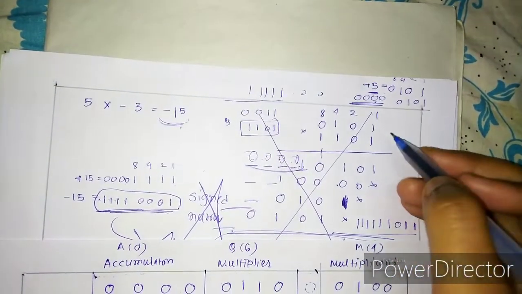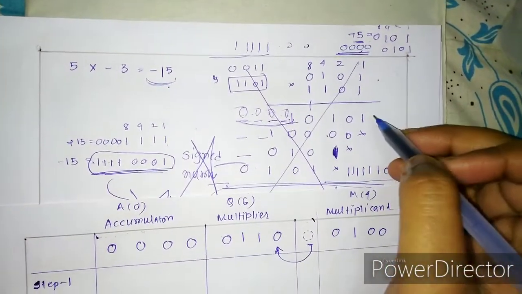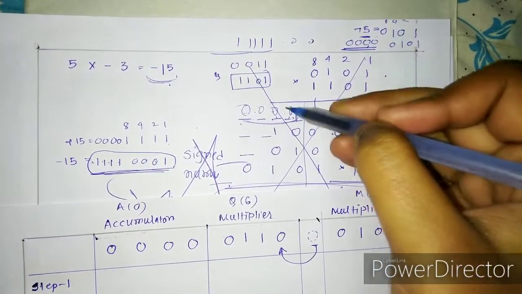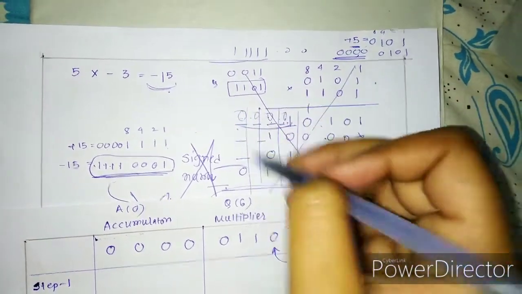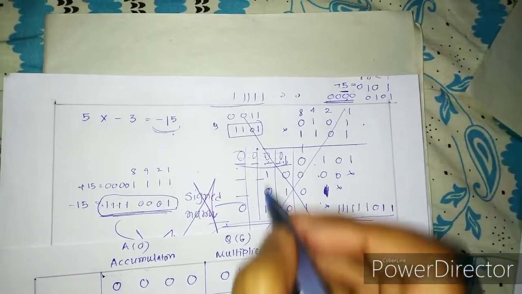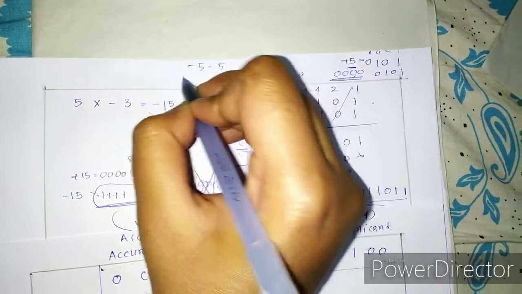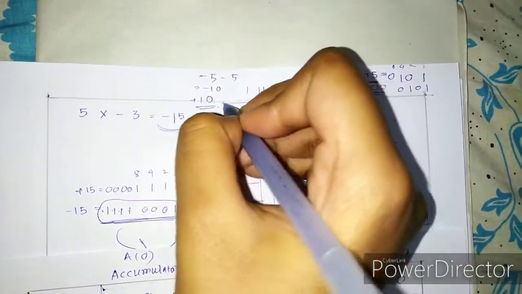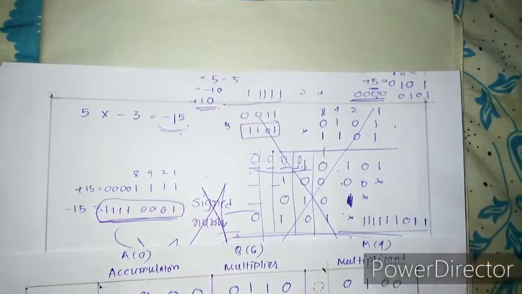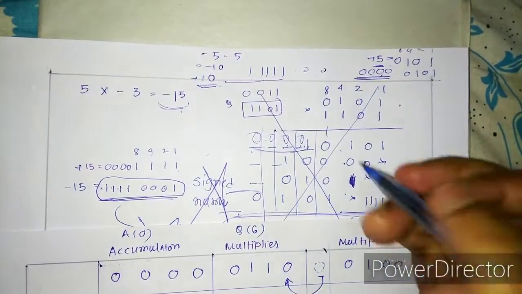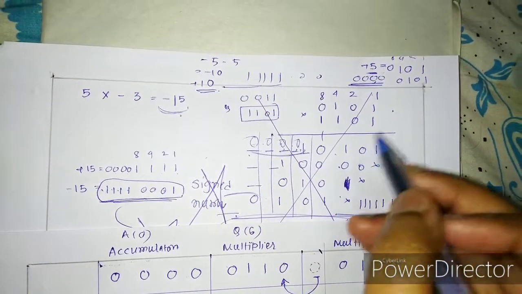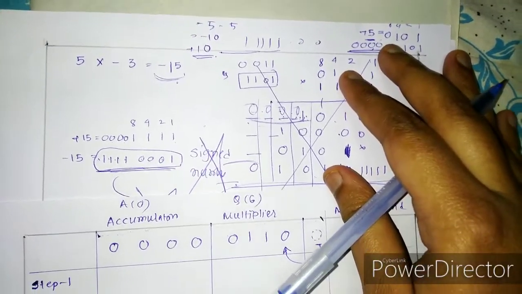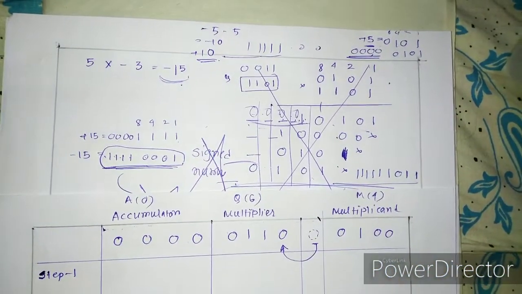When we do this operation, we always assume that there are zeros in these vacant places. See this one, and then we add them. But suppose minus 5 times 2 should give you minus 10. It will not give you plus 10. So if we assume it as plus 10, then your whole operation becomes wrong. This is why, as we are assuming zeros here, the operations on signed numbers fail.